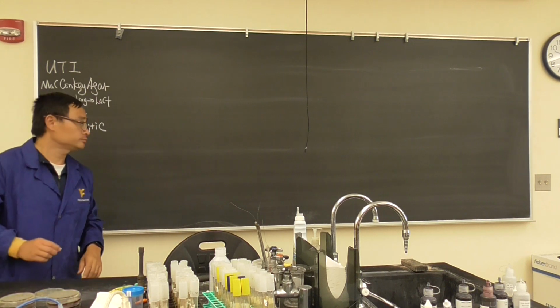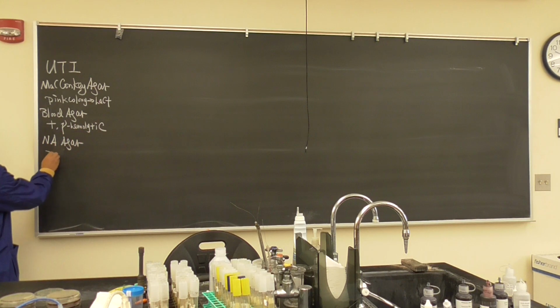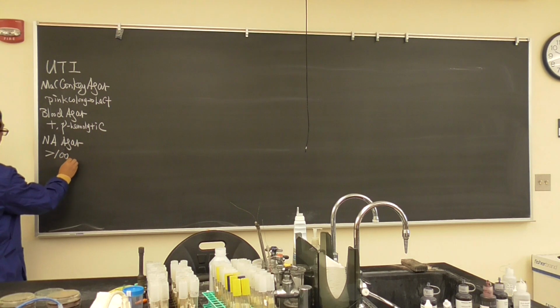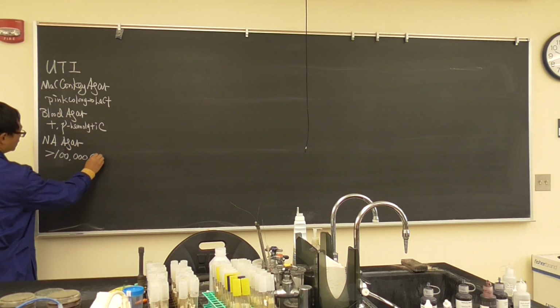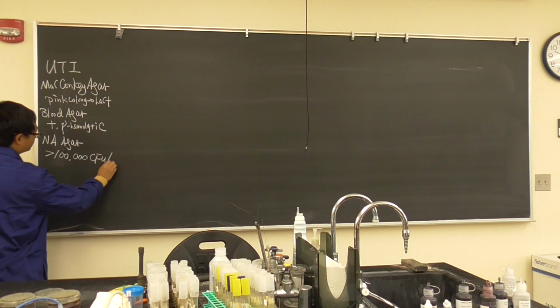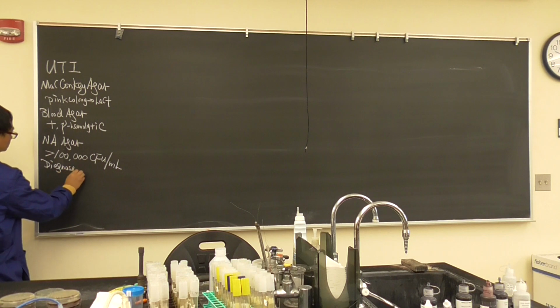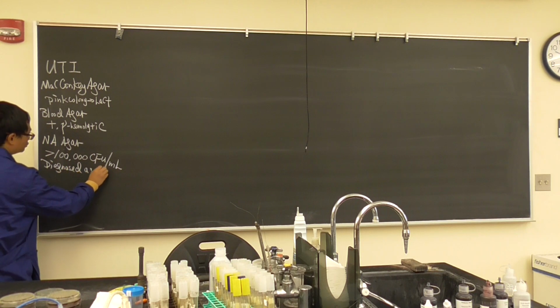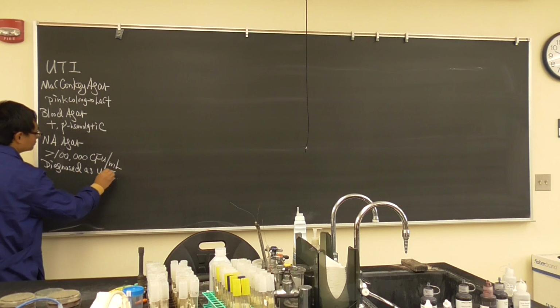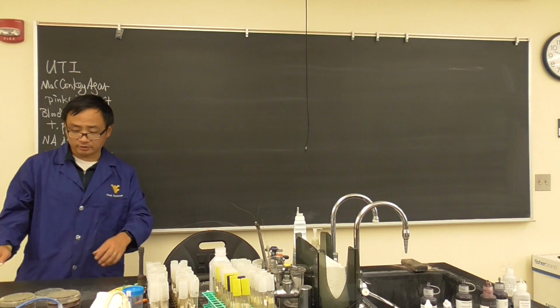You can count your own. So if your nutrient agar has more than 100, that means more than 100,000 CFU per ml. This is diagnosed as UTI, urinary tract infection.